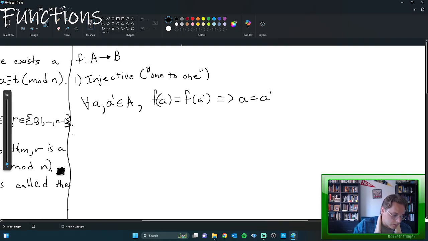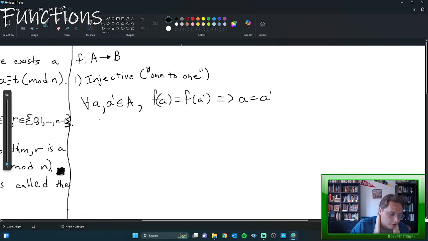This is basically like saying that every assigned desk, there could be unassigned desks, but every assigned desk only gets assigned one student. There's not two people sitting at a desk. One output doesn't have two possible inputs. That would mean it's an injective function.